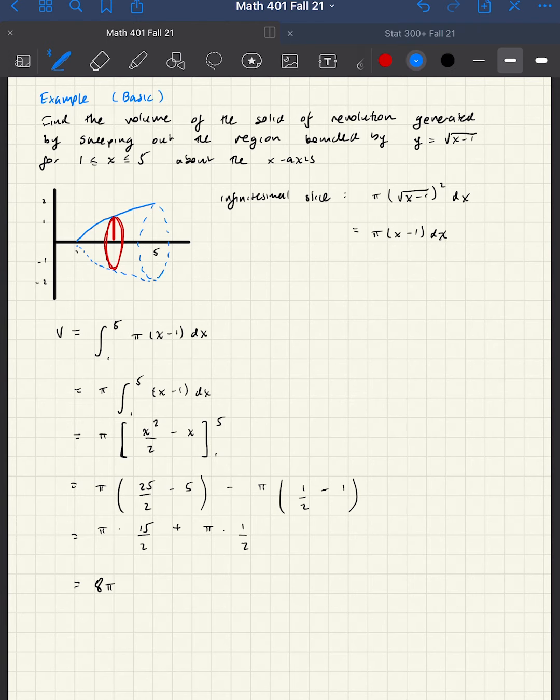All right, so what this is saying is that the volume of this solid right here, remember, it is solid, literally, like all the way through, right? You think of it as a wheel of cheese, but you've shaved off some of it. Then the volume is 8 pi units cubed. That's our answer.